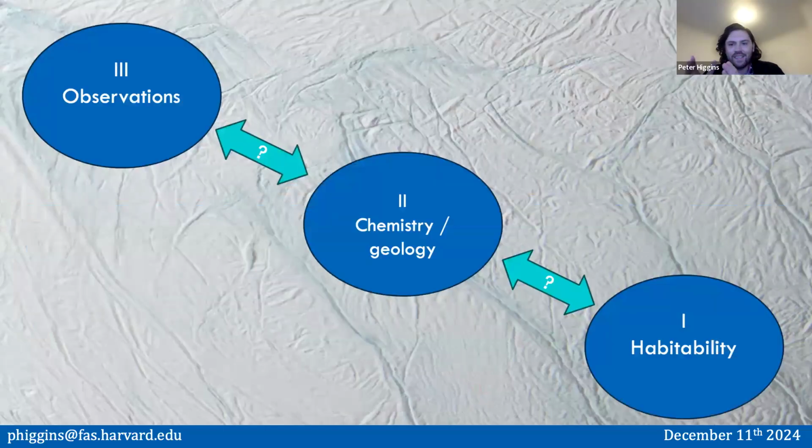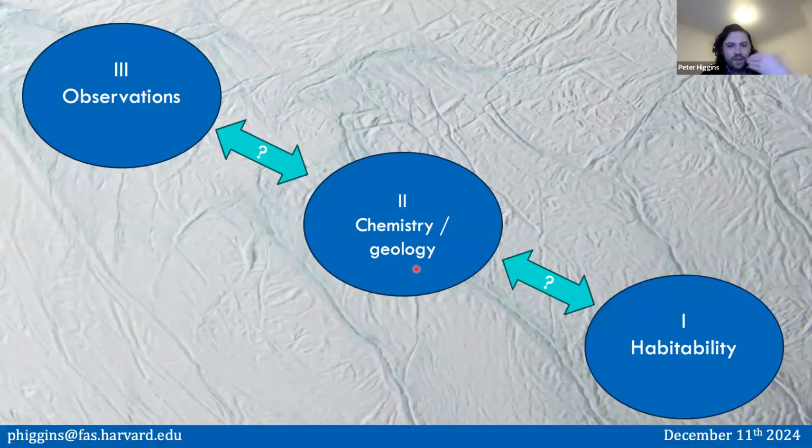To that end, the broad link that I'm trying to draw in this talk is to define habitability in a quantitative sense, firstly, and determine exactly the kind of physicochemical properties that we're looking for, then link that to the more fundamental chemistry and geology that needs to be ongoing in these requirements in order to sustain and enable planetary habitability.